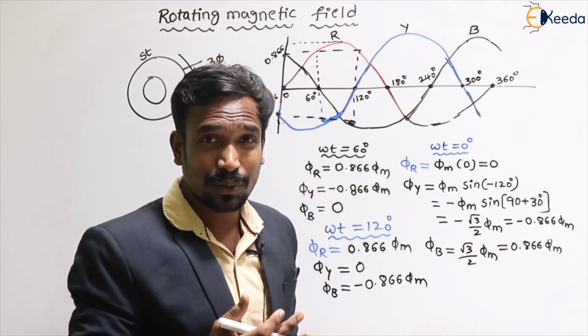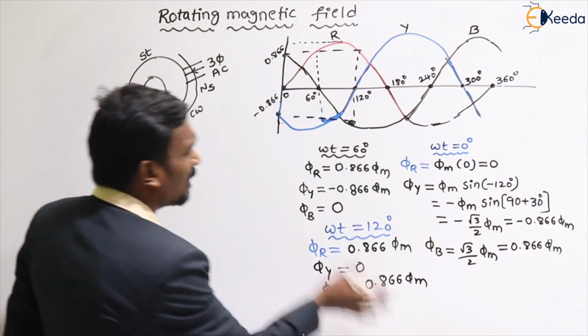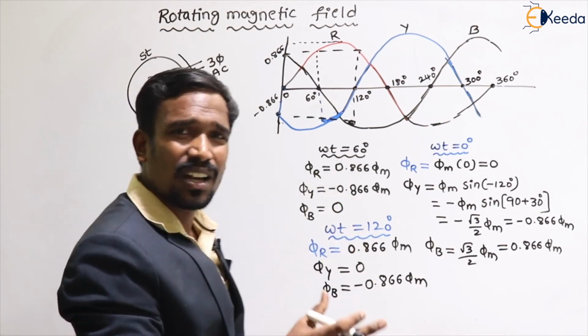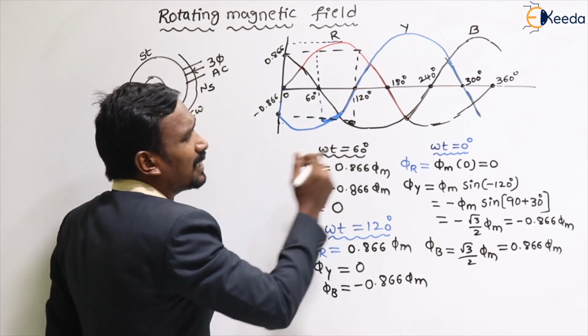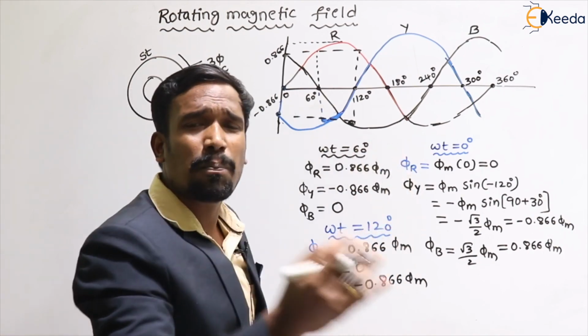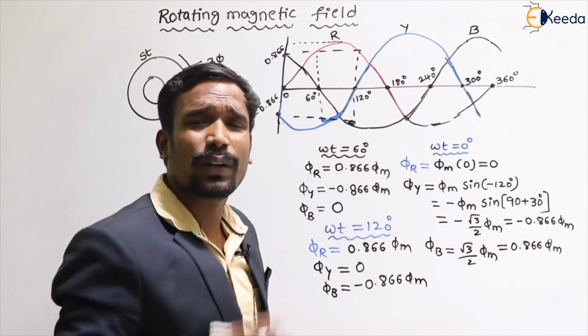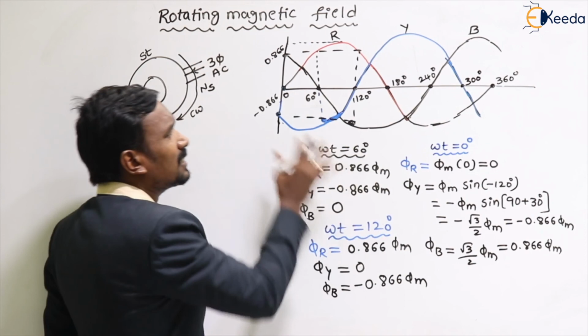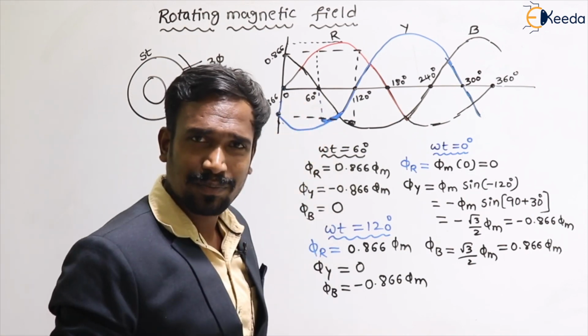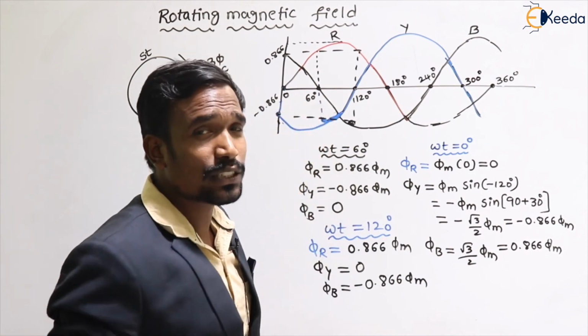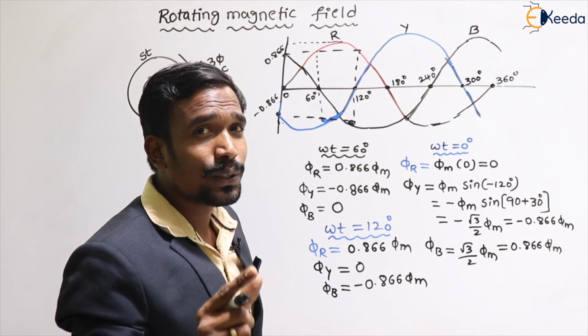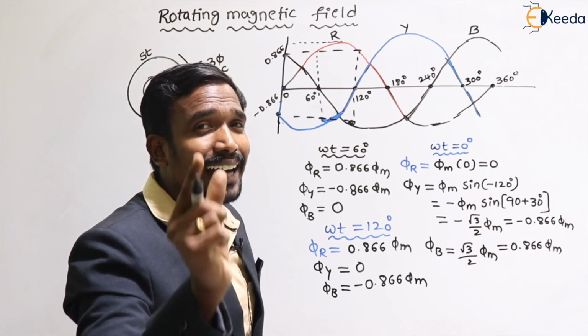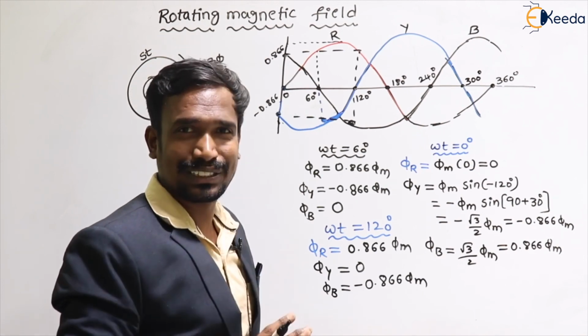Up to this point, we just analyzed what the fluxes are at different locations in our three-phase supply, right guys? In the next video we are going to see the vectors, resultant flux and conclusions.